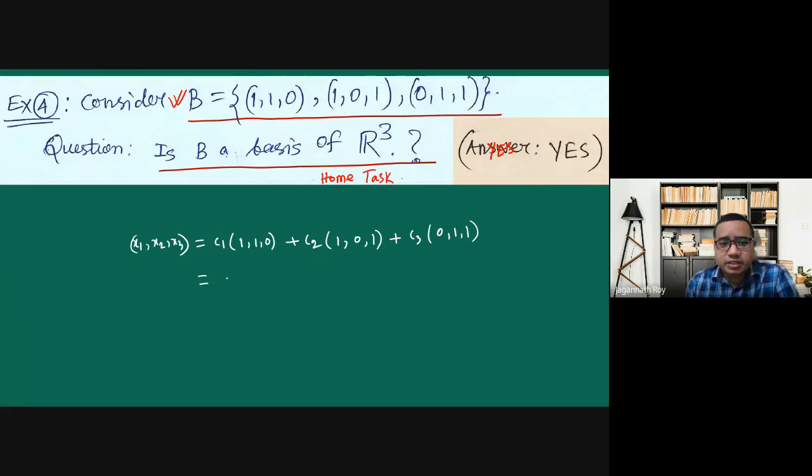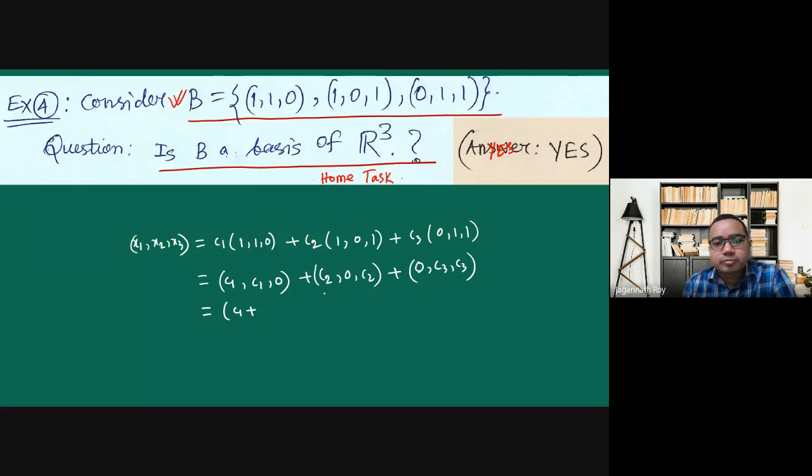This is C1 plus C2, then you are getting C1 plus C3, finally 0 plus C2 plus C3.